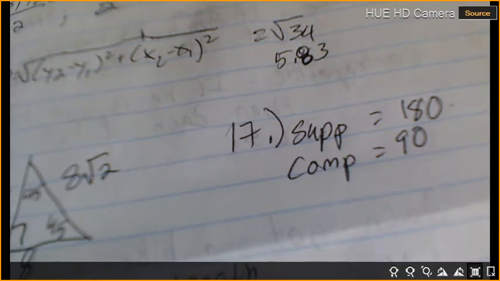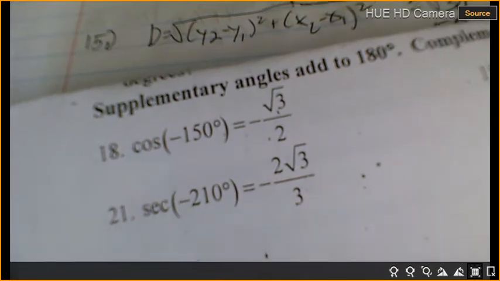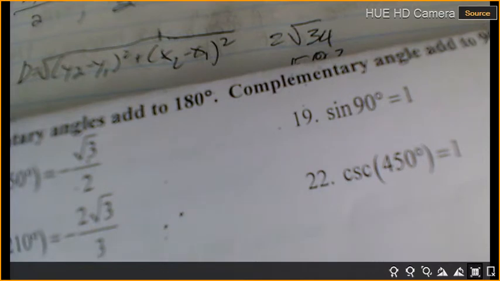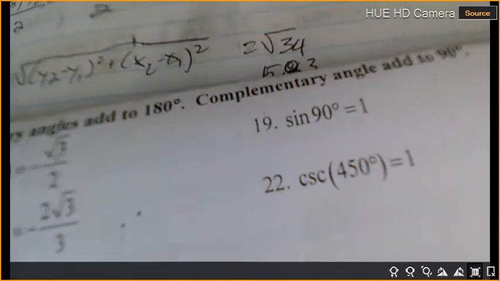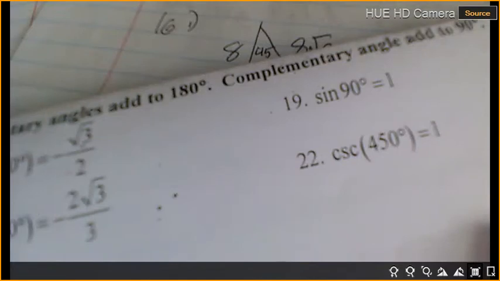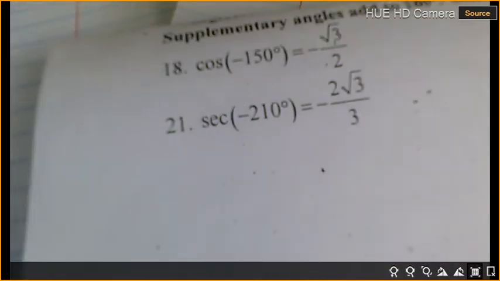Let's go ahead and we're going to go over these for your unit circle. 18, cosine of negative 150 is negative square root 3 over 2. 19, sine of 90 is 1. 20, tan of negative 30 is negative square root 3 over 3. 21 is secant of negative 210, which equals negative 2 square root 3 over 3.